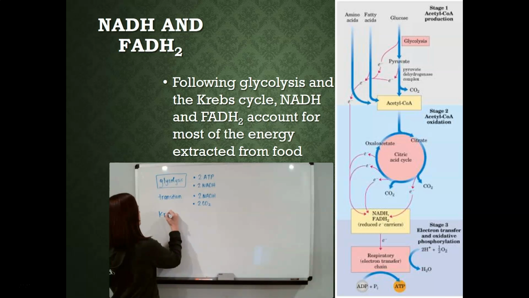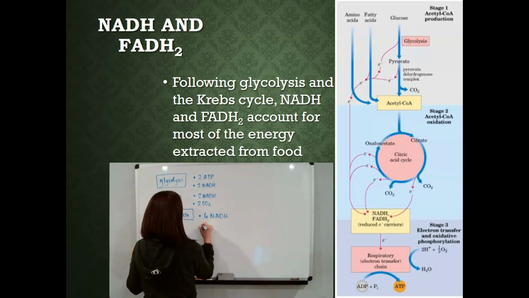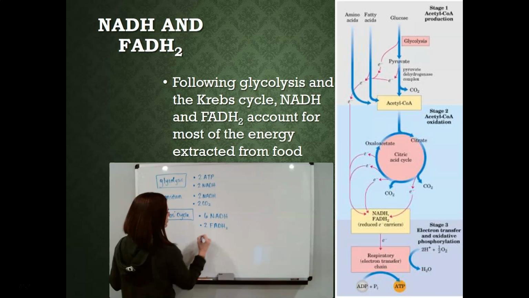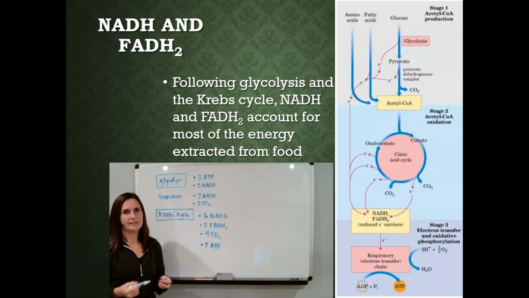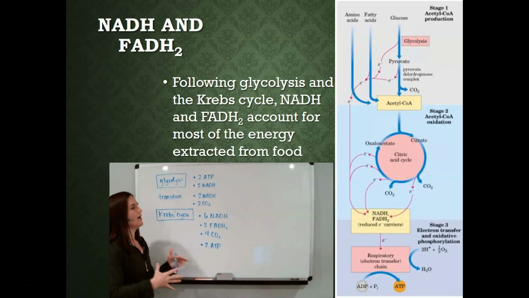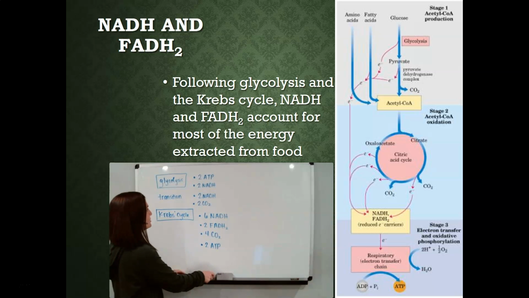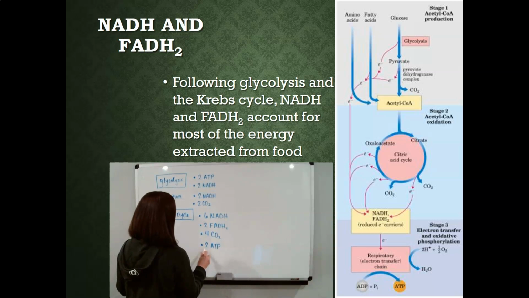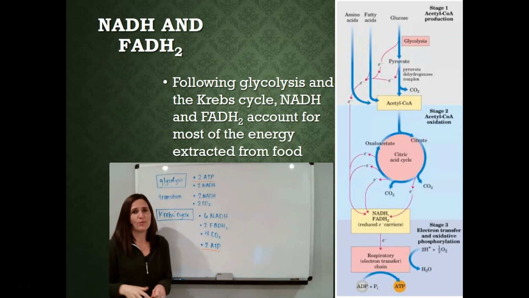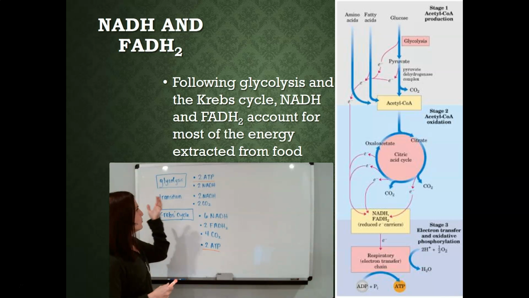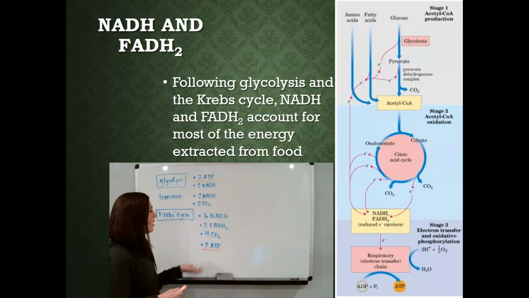In the Krebs cycle, 6 NADHs, 2 FADH2s, 4 CO2s, and 2 ATPs. So the whole point of all of this work is to make ATP, and so far we have made a measly 4 ATP, that's it. That's all we have. So what was the point, right? We took this whole glucose molecule and all we've made so far is 4 ATPs.